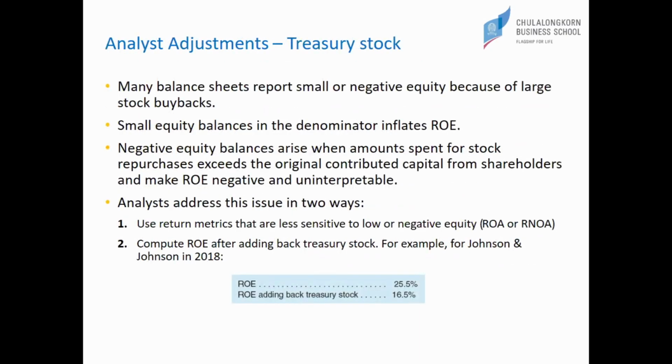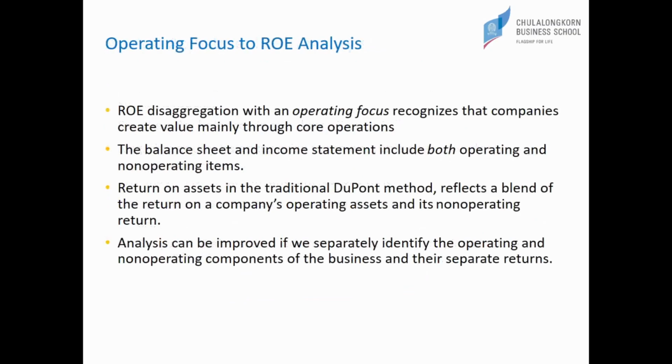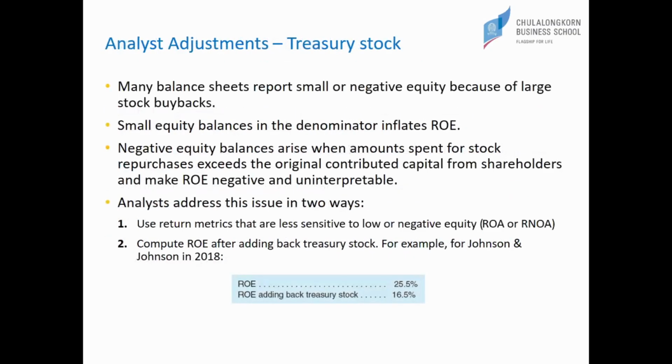And this stock repurchase is often used by some of the CEOs because their incentive is often tied to ROE. So they try to buy back their own stock to increase ROE so they can get their incentive paid. So we'll get to see these later on, right?